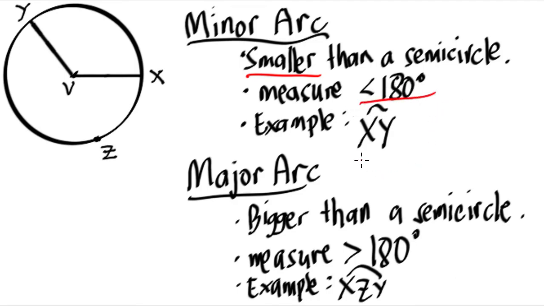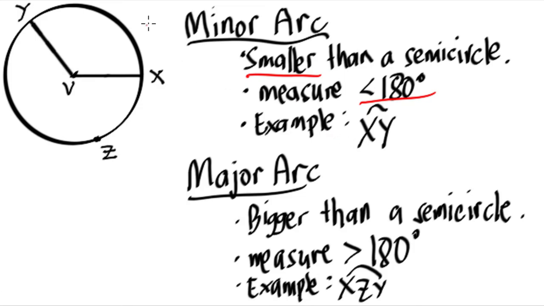Since the measure of this arc is less than 180 degrees, it follows that the measure of its central angle is also less than 180 degrees. Recall that whatever the measure of an arc is, that is the exact measure of its intercepted central angle.